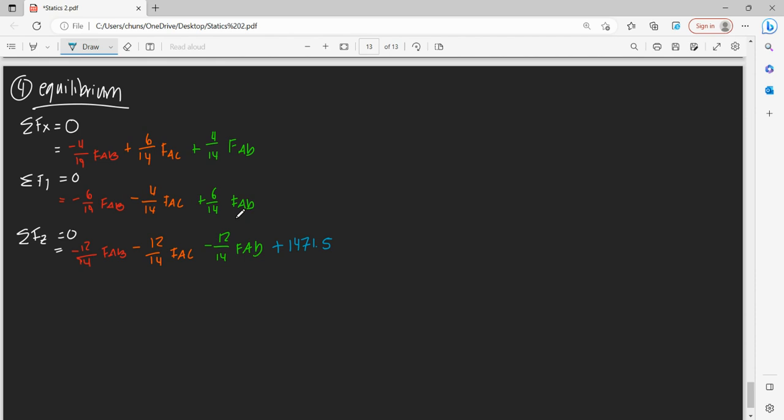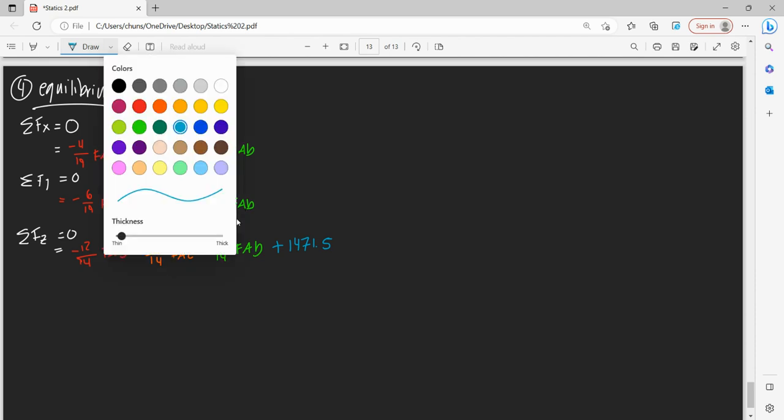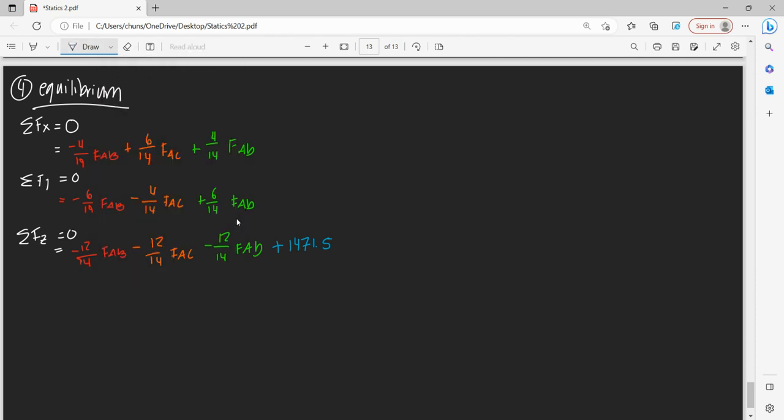Okay, so choose any one to start with, and you're going to isolate for one variable. It's going to be in terms of two, then it's going to be in terms of one variable, and you're going to be able to solve one and then work backwards to solve the rest. I'm going to start with the third because I think it'd be fun.